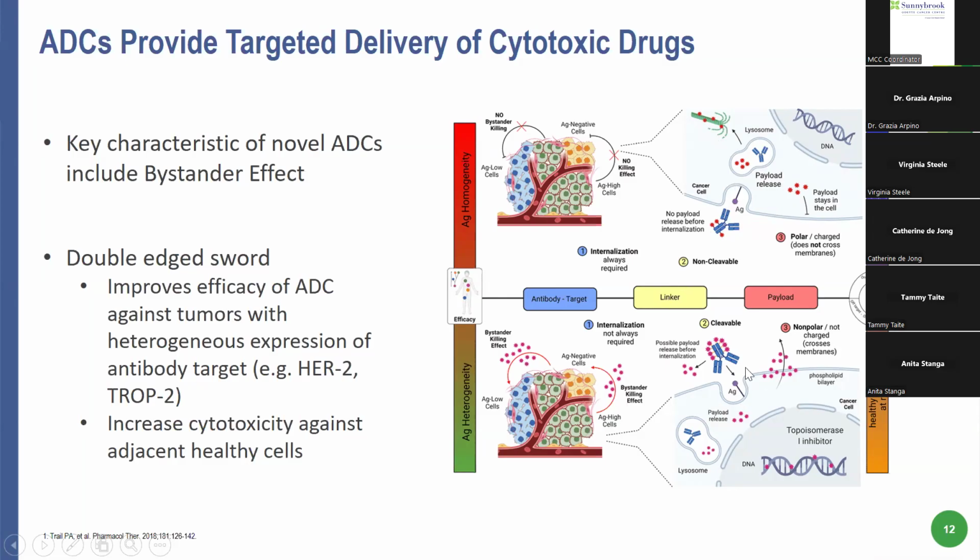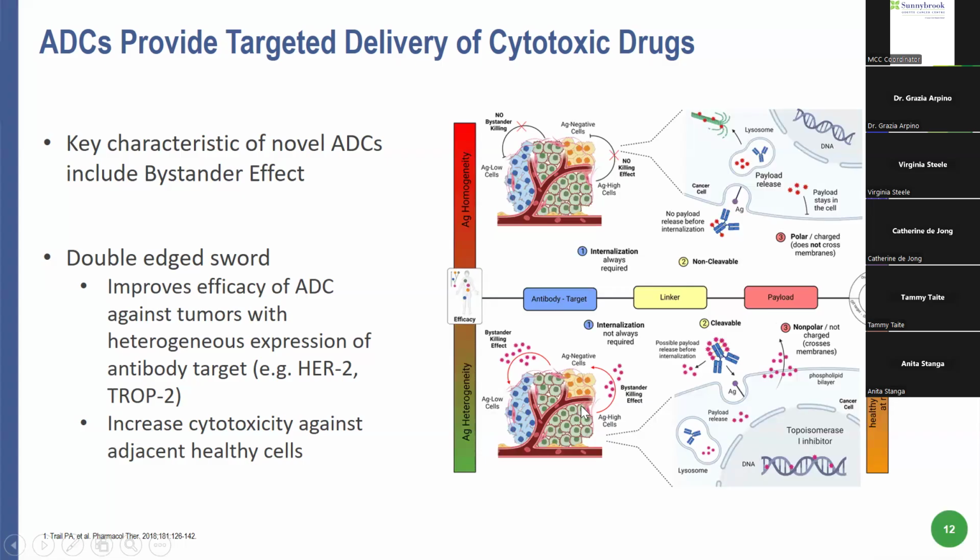Then we have the new generation of ADCs, where the payload is permeable to the membrane and can get out of the cell once it is internalized. This probably explains the bystander effect: the drug gets into the cancer cells that have the antigen on their surface, the payload is delivered into the cell, and then is free to get out into the tumor stroma, acting not only on the cells that express the antigen but also on other tissue.